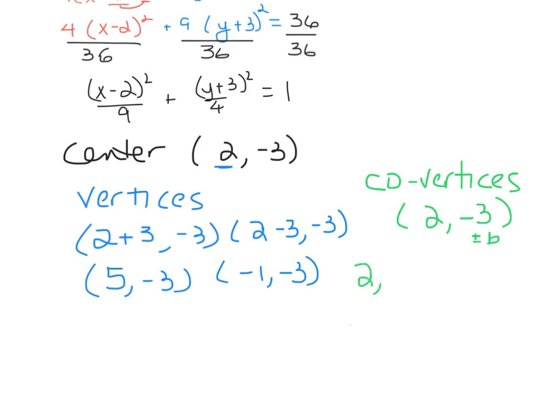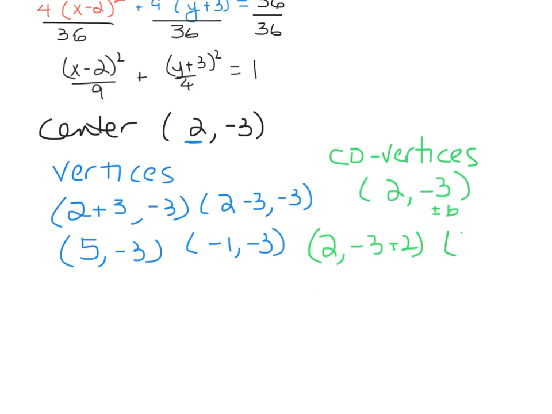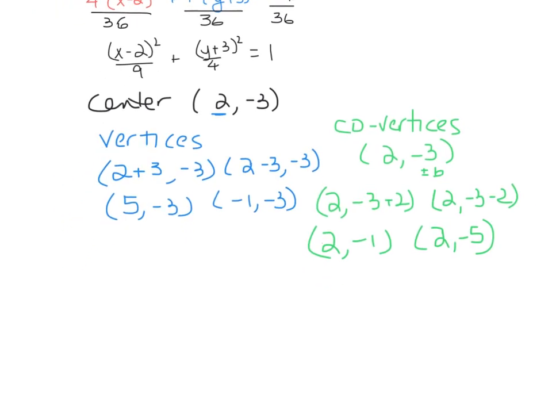So (2, negative 3 plus 2) and (2, negative 3 minus 2). So my covertices are at (2, negative 1) and (2, negative 5), because again, this is an ellipse. So remember, vertices use a, covertices use b, foci use c.